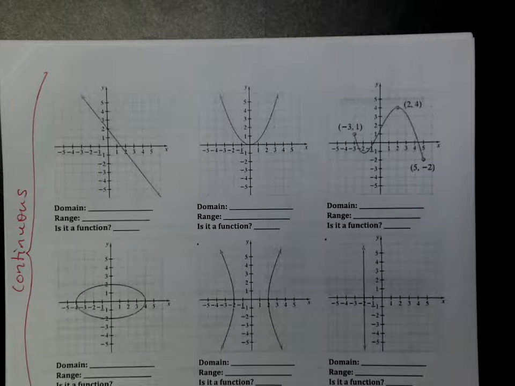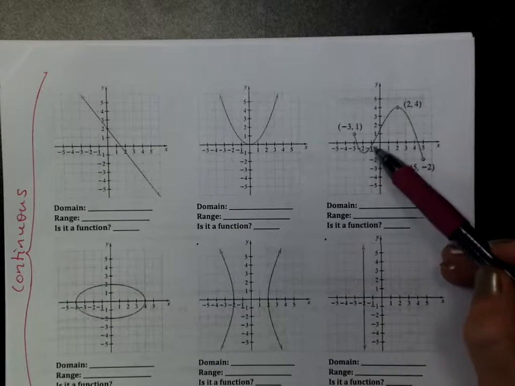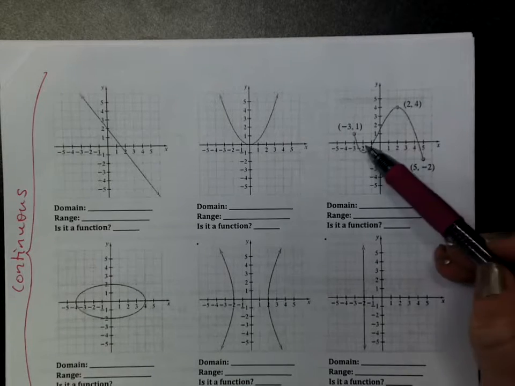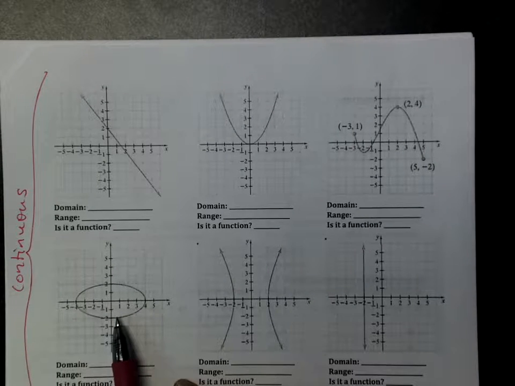You can have infinite points in between, even if it's what's called bounded. For example, this one doesn't have arrows, it has endpoints. But it's still all those infinite in-between points because the dots are connected. So that is continuous. You can't list all those individual points. Same thing here. This doesn't even go off in any direction. It's a closed loop.